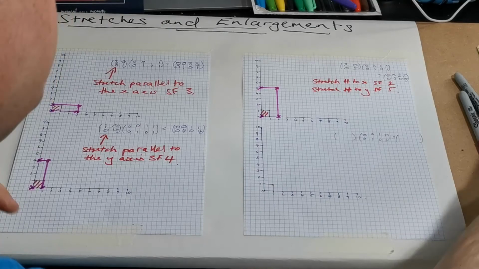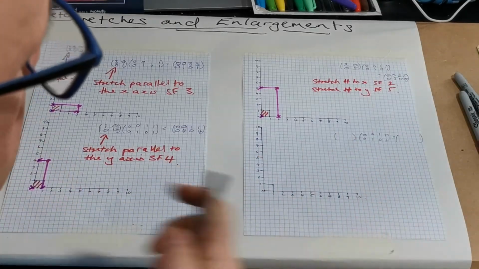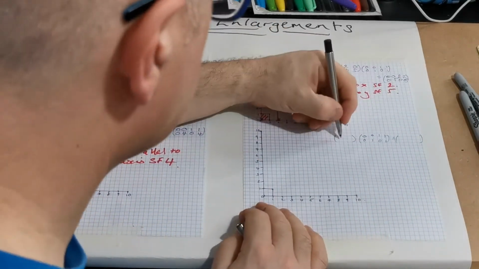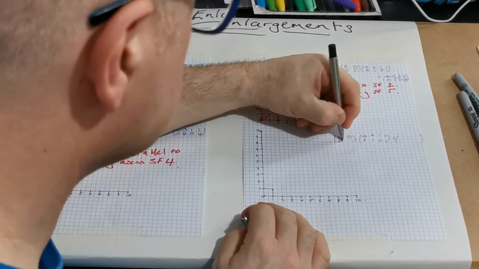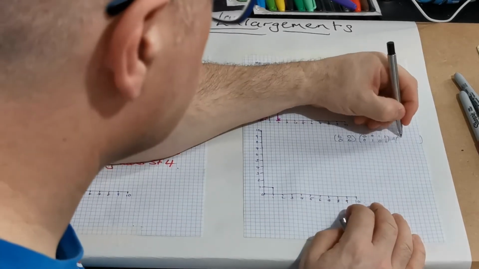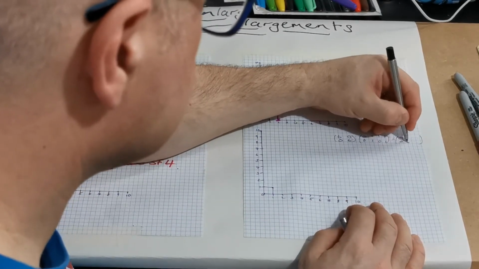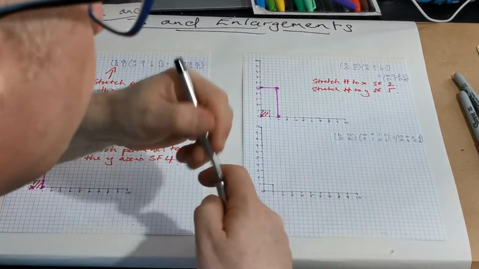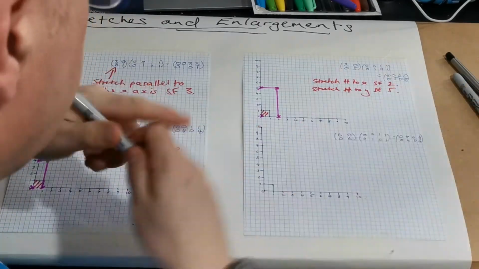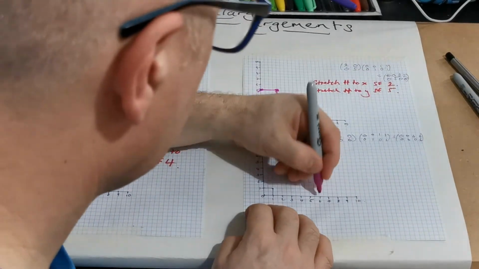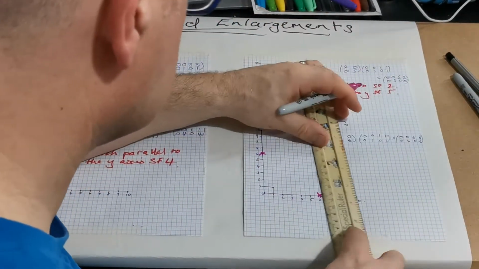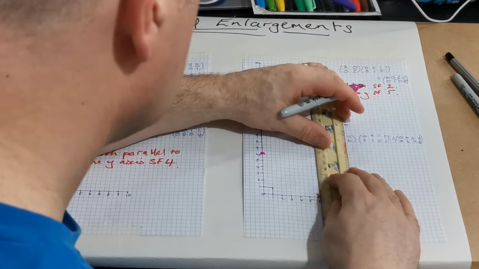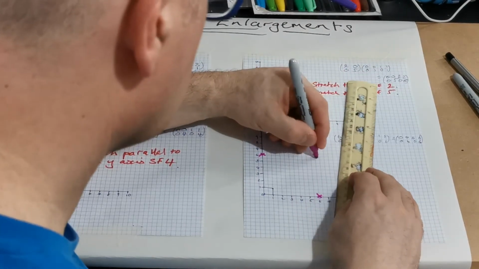Now, if I make both stretches the same, so let's say we went 6, 0, 0, 6, then I get 0, 0, 0, 6, 6, 0, 6, 6. So I end up here, here, and I have to use my ruler to help me with this one, and here.